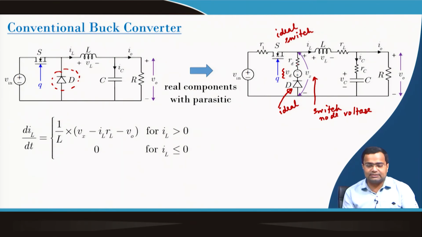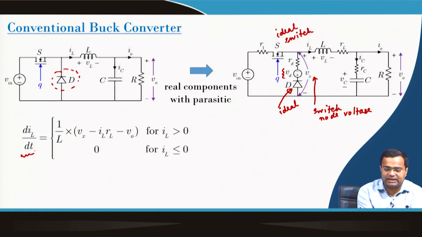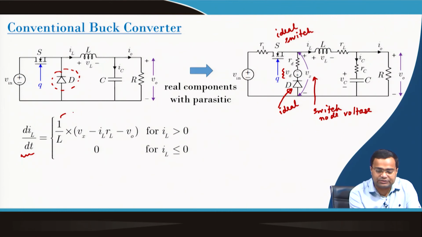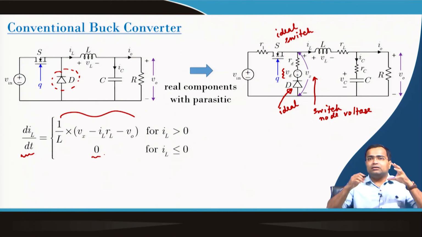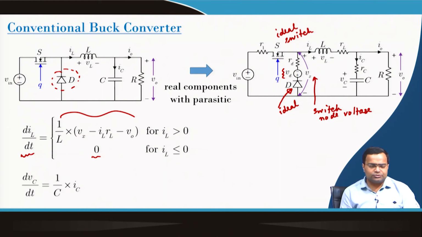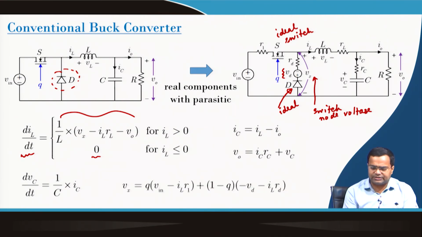In that case, the voltage across the inductance, or basically di_L/dt, the rate of change of current, should be 0 and the current also is 0. So, now di_L/dt earlier was a single equation, which was this one, but now we have an additional logic due to the 0 current of the diode. So, we can again write the capacitor equation, the output voltage equation, the switch node voltage equation, all this we can write.